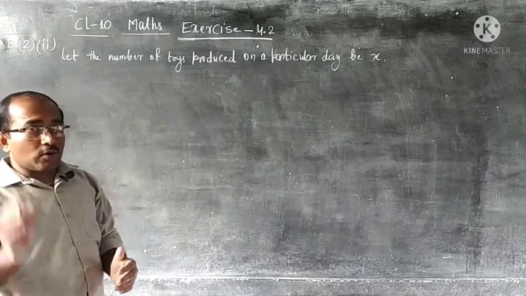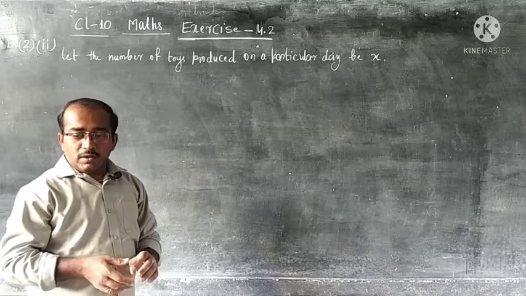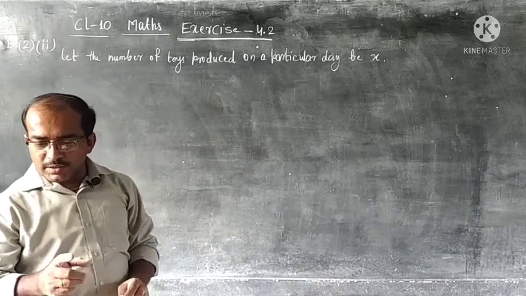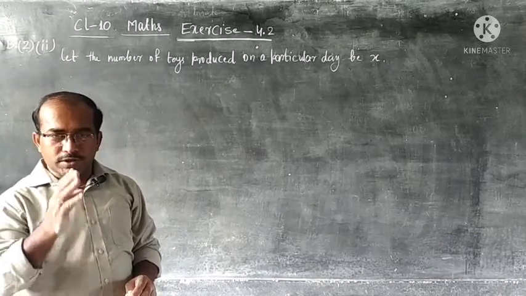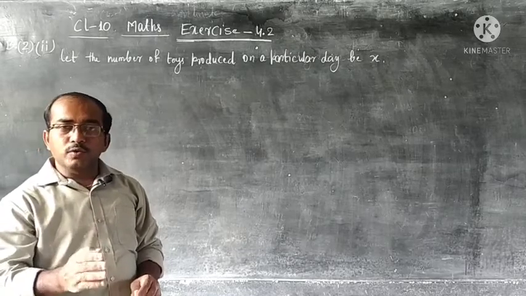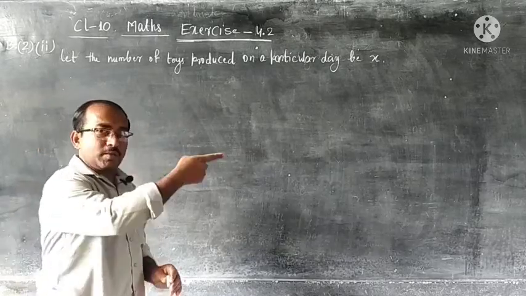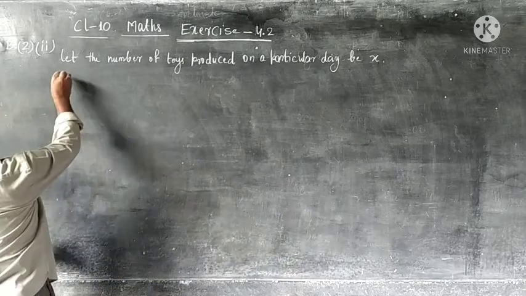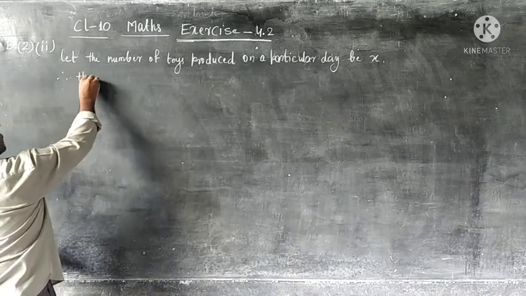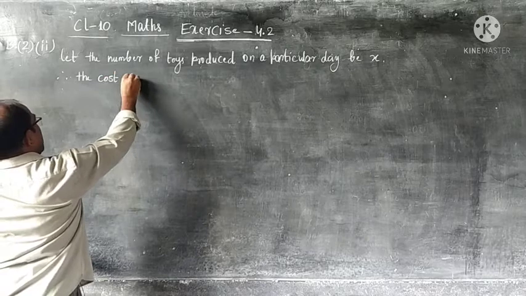Now, what about cost? It is said in the question, the cost of production of each toy was found to be 55 minus the number of toys.